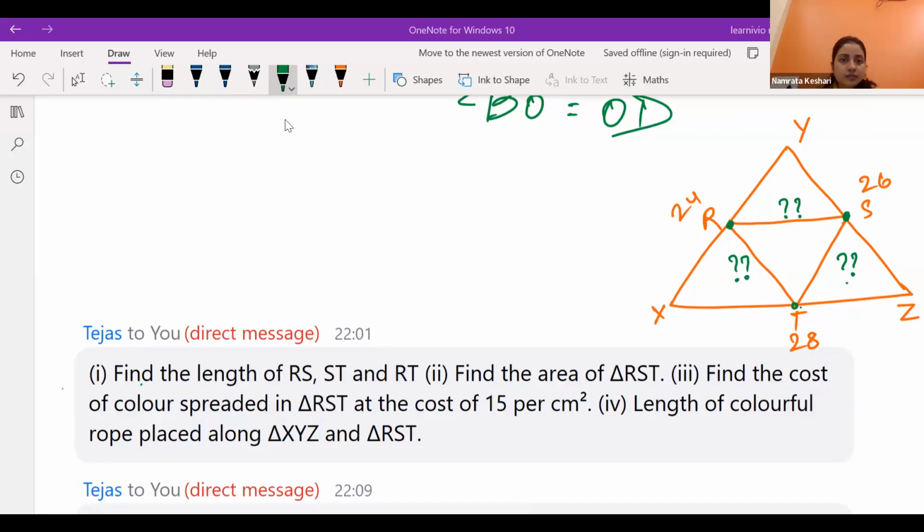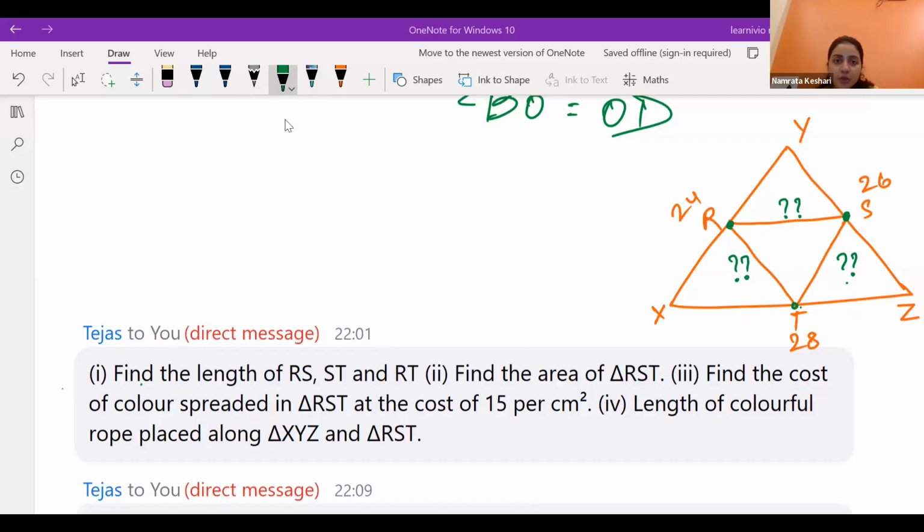Can you see the screen? Yes, ma'am, I can. Can you see the figure? Yes, ma'am, I can. Okay, this figure. I have opened the chat box. Can you see the chat box also? Yes, ma'am. No, I cannot see the chat box.